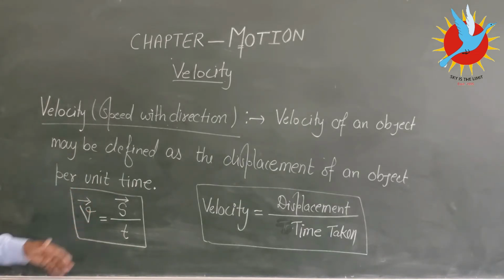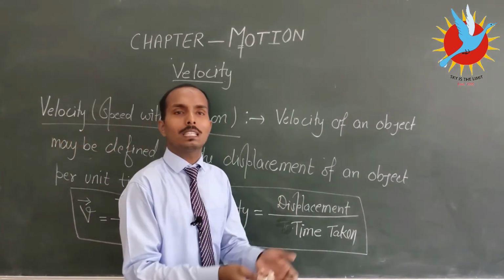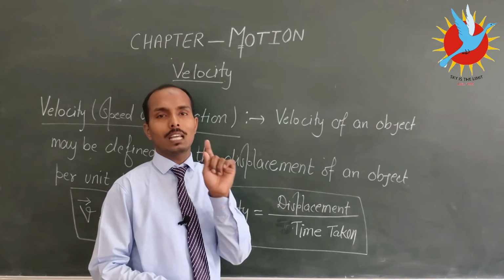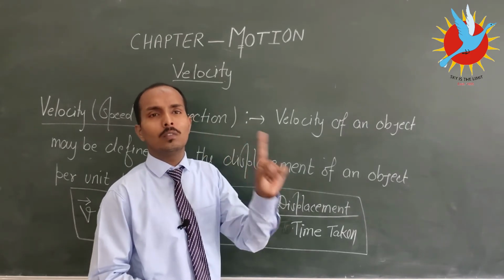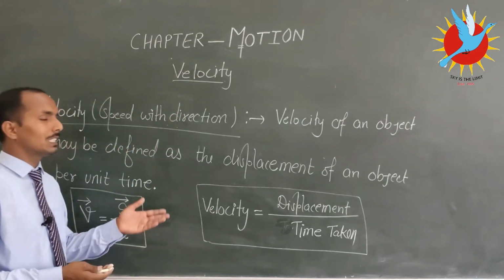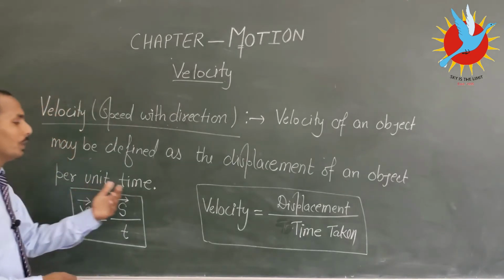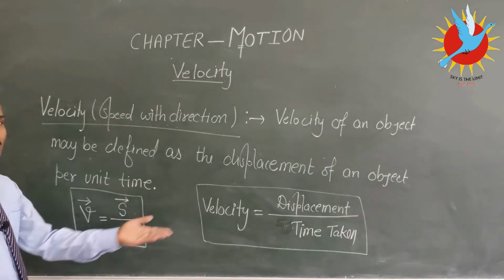Velocity says how much displacement is covered by a body in unit time, in 1 second, in 1 minute, in 1 hour. The displacement of an object in unit time is known as velocity.